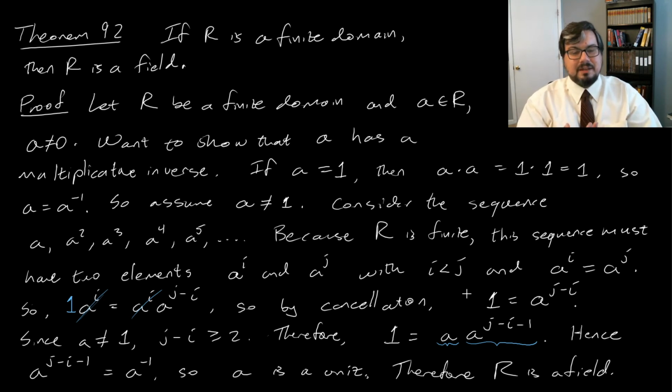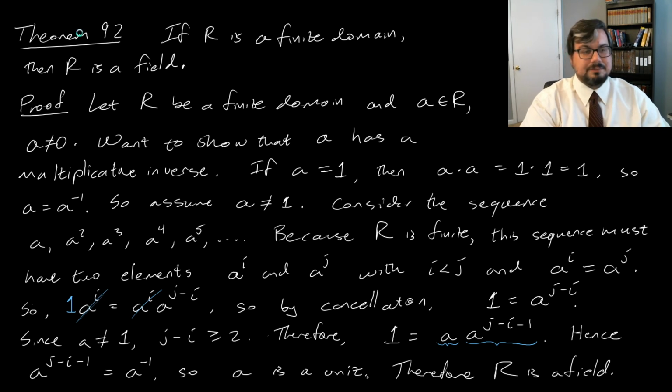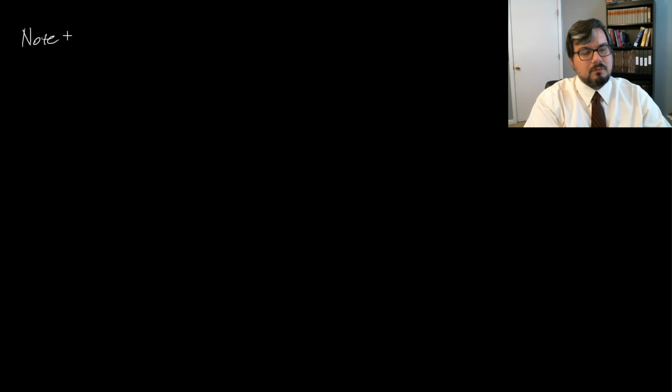This can be combined with our previous observation about the rings Z mod pZ to note that the ring Z mod pZ is a field for every prime number p.